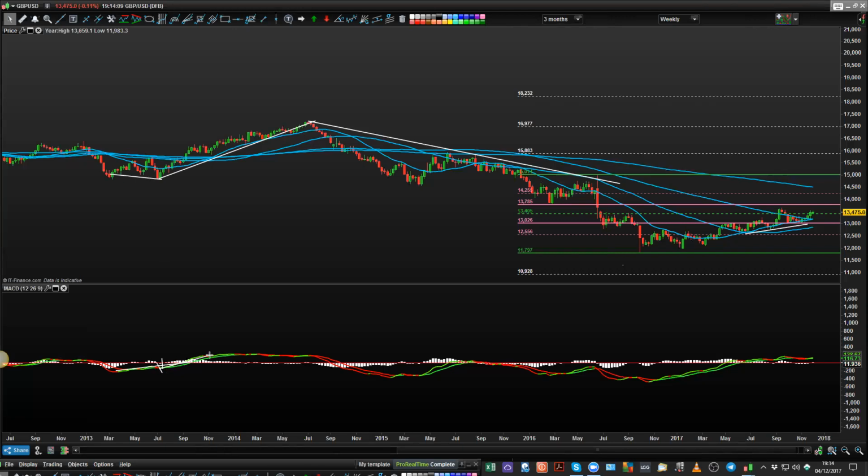So that leads us to this push here. And look how this really struggles. This MACD is really flatlining and even already dipping below the midline at this point here.